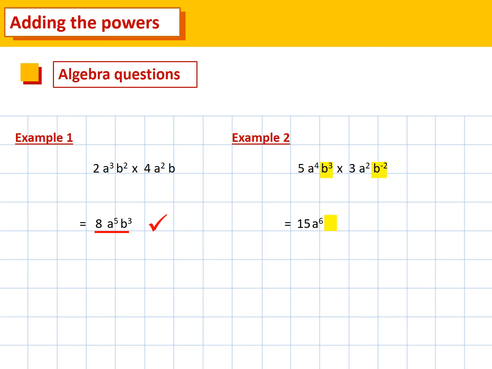Just be careful, 3 and negative 2, adding the negative 2 is the same as subtracting 2, so that would be 3 subtract 2, and that would be a power of 1. We don't put the power of 1 in when we're writing it, it's just b on its own, because b on its own means b to the power of 1.